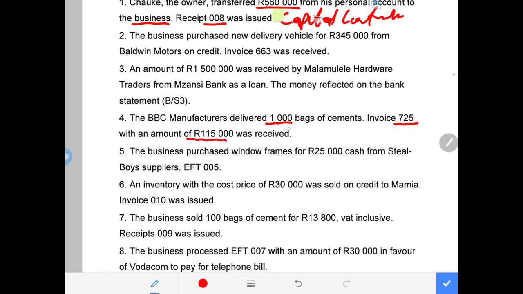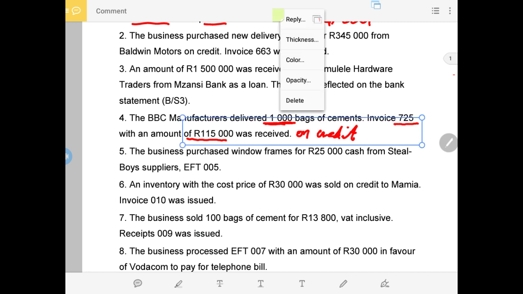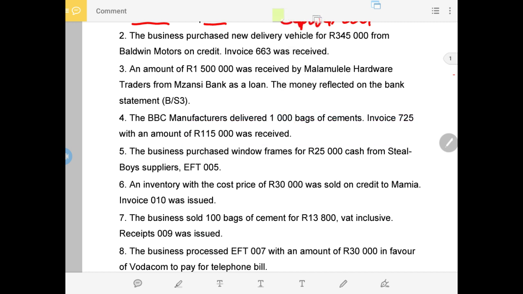What was delivered to us was 1,000 bags of cement. But we have not paid for them, and we have not received money for that. We just bought them. That means they are bought on credit. We received 1,000 bags, and we also received an invoice, a paper stating that we are owing them 115,000 rands for the 1,000 bags of cement.